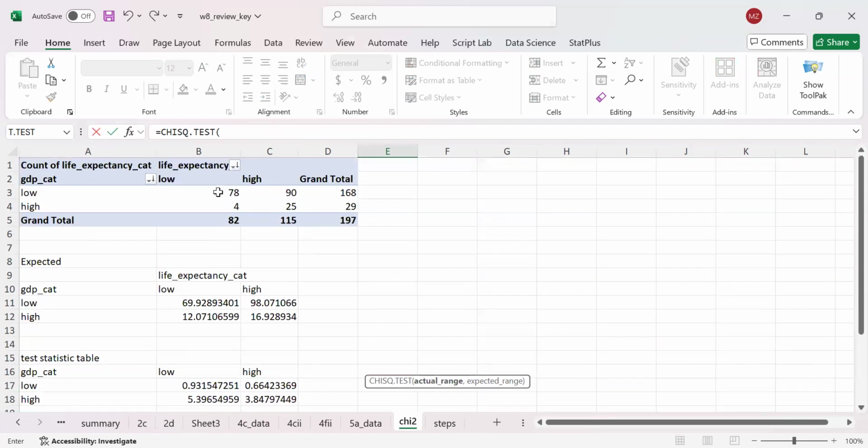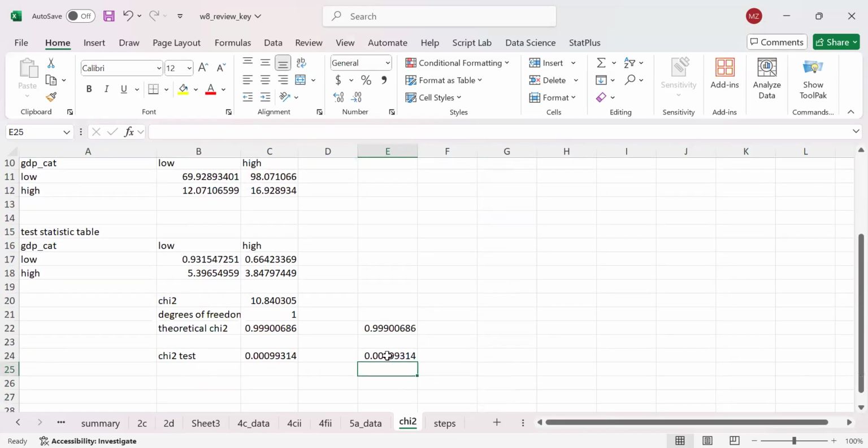So this is your observed range and your expected range, which is this. It's going to give you a p-value, and in this case, the p-value is lower than 0.05. So there are two ways to do this, right?